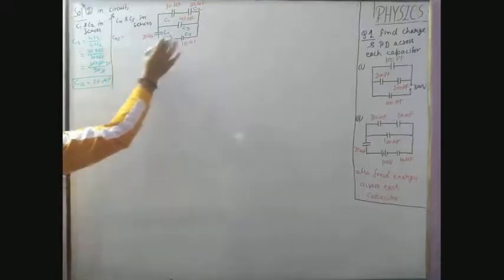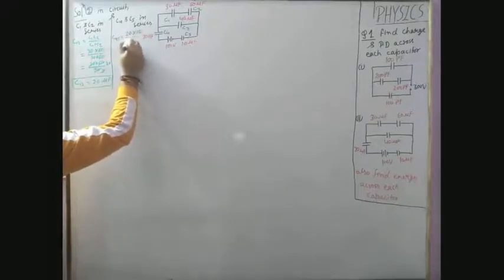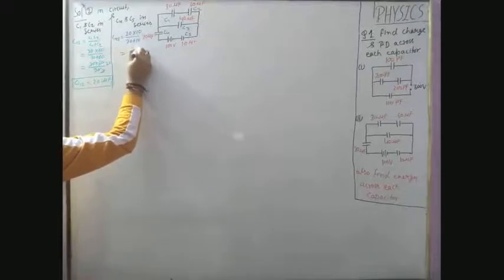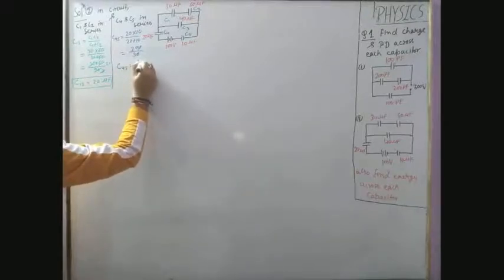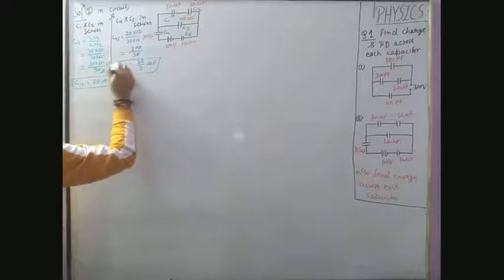C45, I will just write direct the values. 20 into 10 upon 20 plus 10. This you will get 200 upon 30, which will be C45 is 20 by 3 microfarad. Okay.